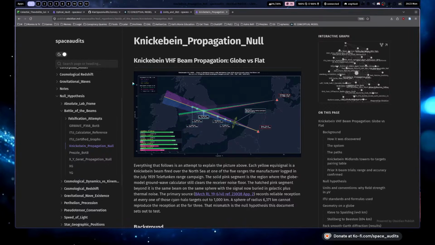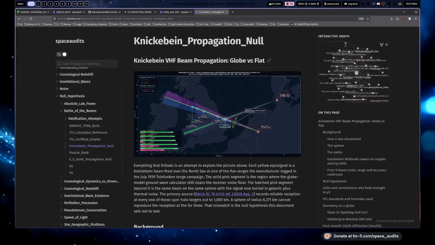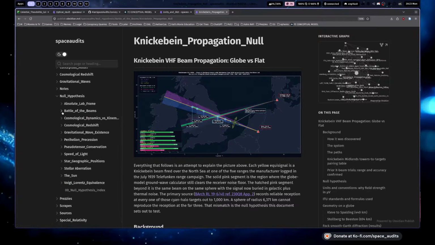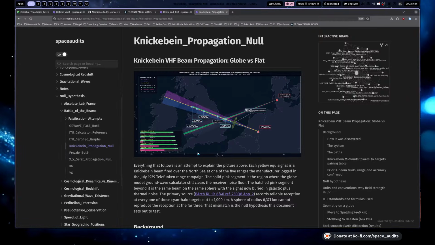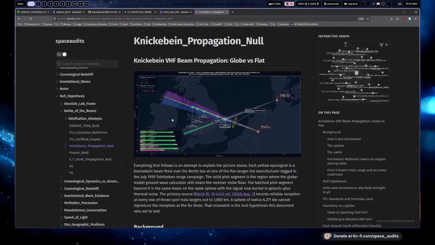As we go through and do episodes, I will add a section here for user submitted null hypotheses, and we'll keep track of all that, and we'll try and get some conclusions to some of these arguments that have been ongoing. So we have different categories. Here, this would be for horizontal beam propagation over a curved surface, whether the field strength would be receivable at these distances.